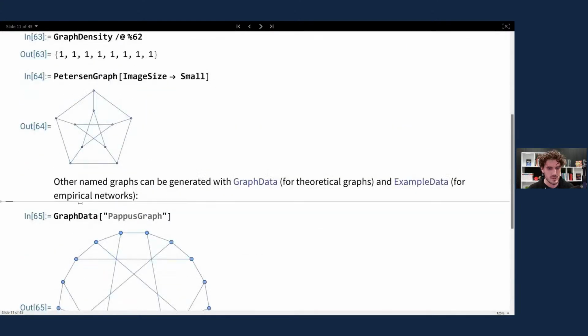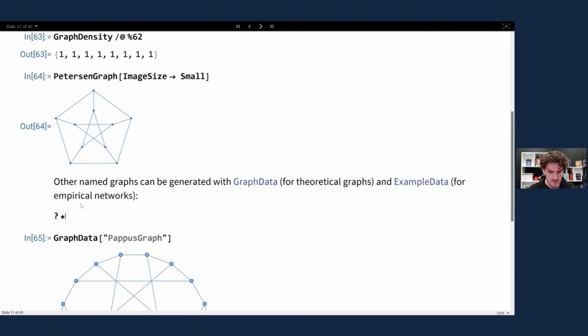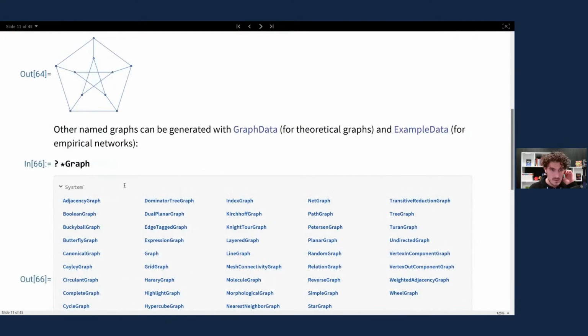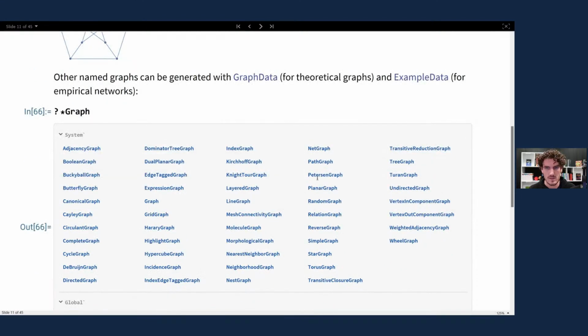I'd like to see which other kinds of graphs we have. So I'm going to do this, which is getting all functions that end in graph. So here's our Petersen graph. You can pick out the ones that are named after people, let's say.